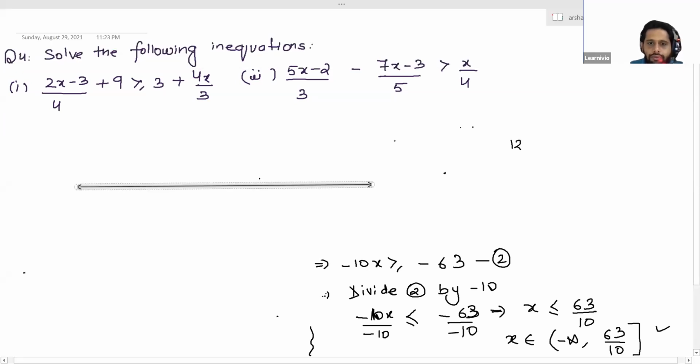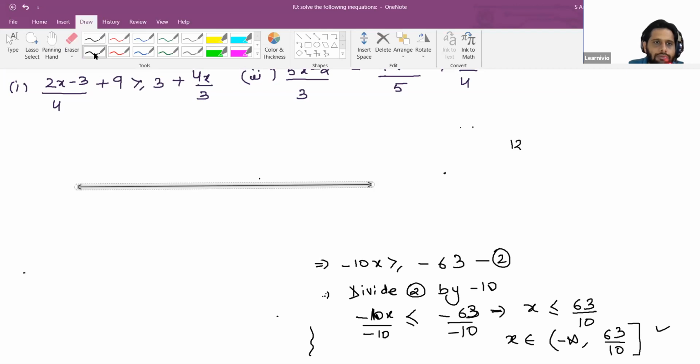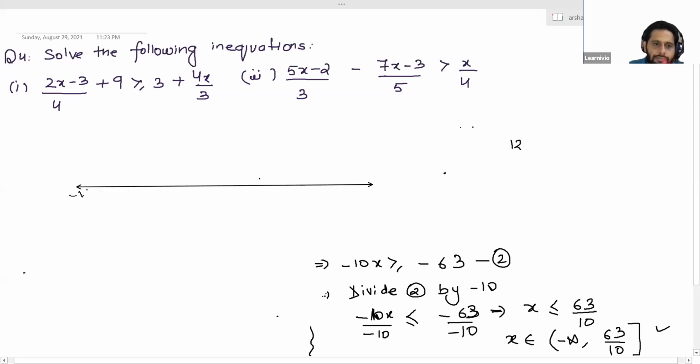So we draw like this. This is minus infinite. This is infinite. This is 0. Okay. Now 63 by 10 means 6.3. So 0, 1, 2, 3, 4, 5, 6, and 7. This number you can mark as 63 by 10.